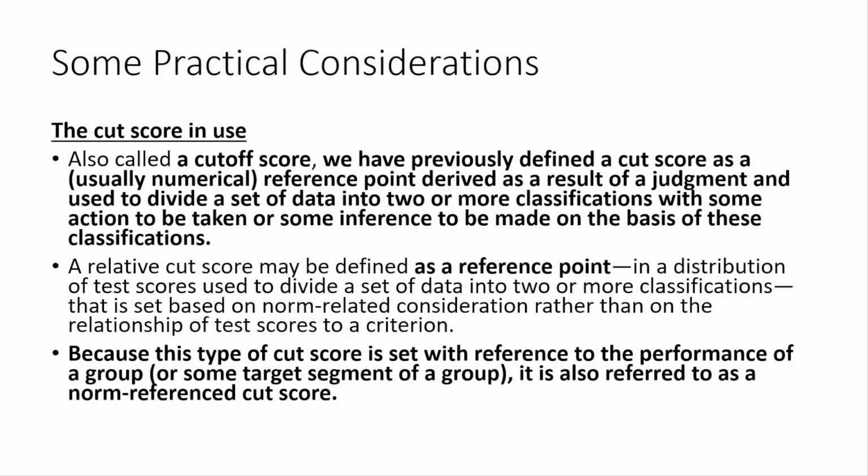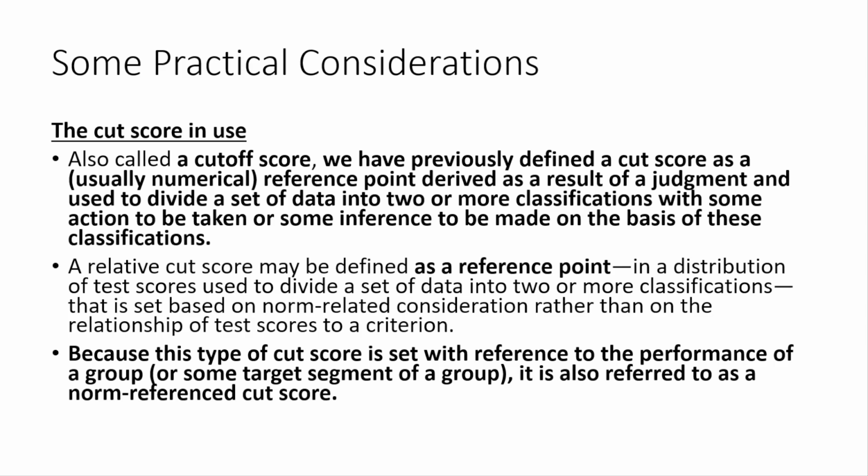Other practical considerations is the cut score in use. So, also called as cutoff score, we have previously defined a cut score, which is usually numerical as a reference point derived as a result of a judgment and used to divide a set of data into two or more classifications with some actions to be taken or some inference to be made on the basis of this classification.